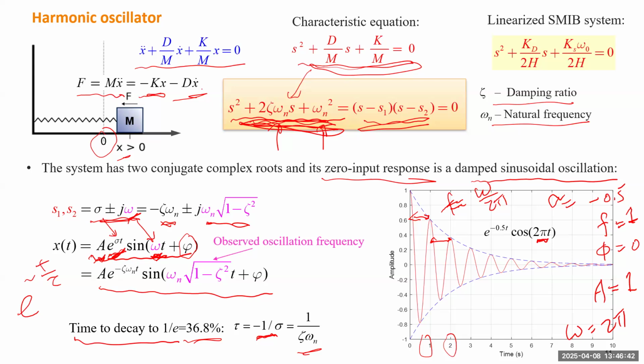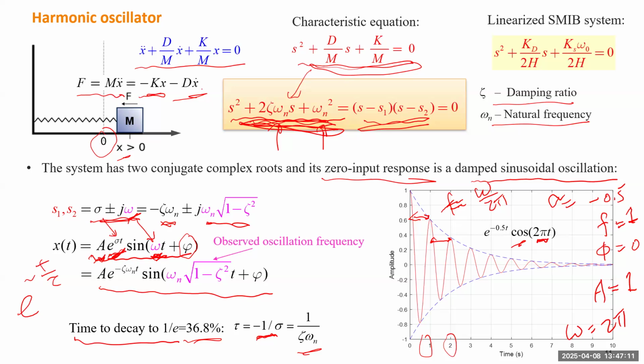Okay, is 2 pi the natural frequency or the operating frequency? Whatever is in the sine or cosine function here is the frequency you observe. Or maybe, I just noticed this is a cosine, which means phi is not 0. What is phi?